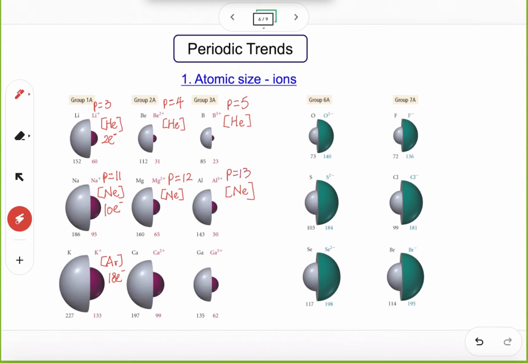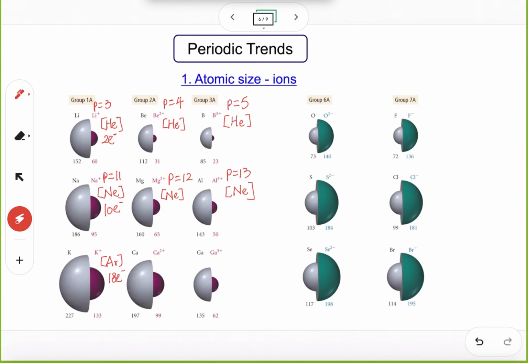Again, the more protons you have, the better those electrons will be attracted. So these electrons will be closer to the nucleus, so the cation will be smaller. Okay, so 95, 65, 50. So for the first part of rule number 3, cationic size decreases from left to right.